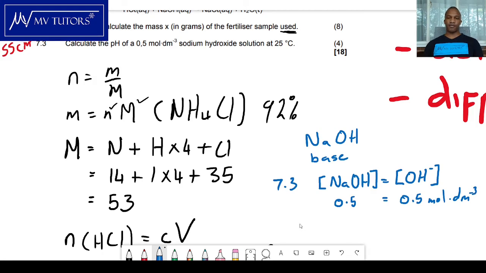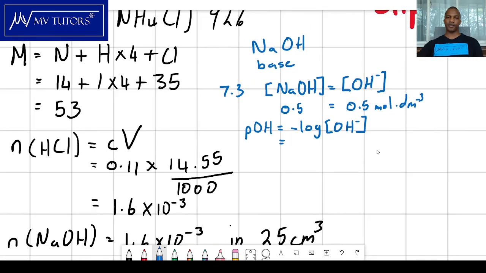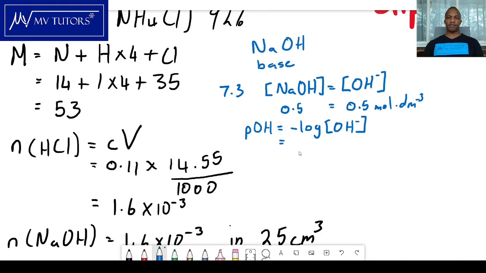Right, so now when we come to the equation of pOH, that's going to be equal to minus the log of our hydroxide, right? So minus log, and our OH is 0.5. Put this in a calculator real quick, and we'll get 0.3.